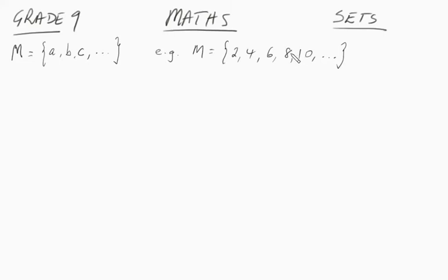But sometimes the representation could be, let's say, set N, which is a set of, say, A, such that A is a natural number. All right.